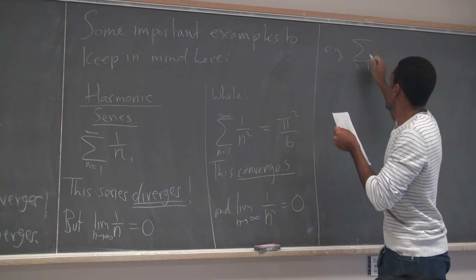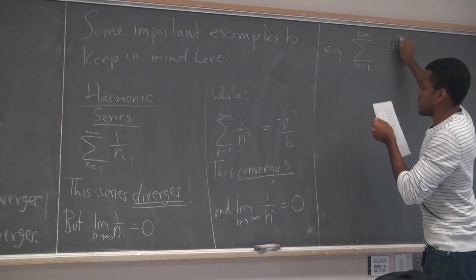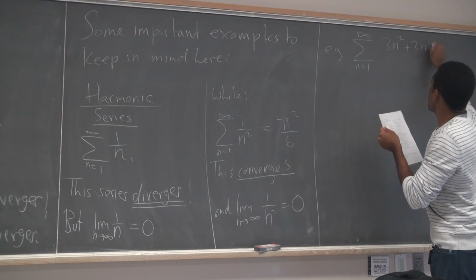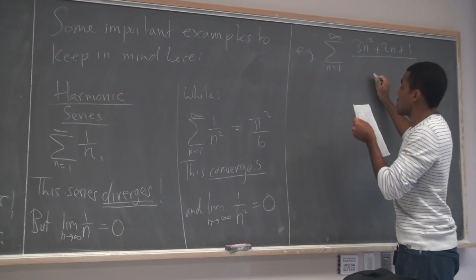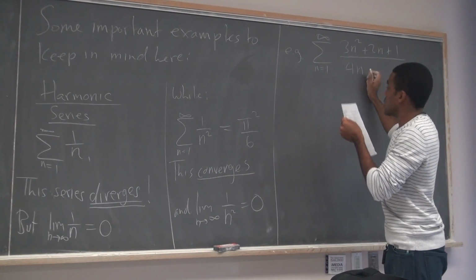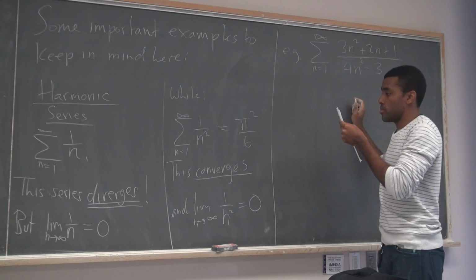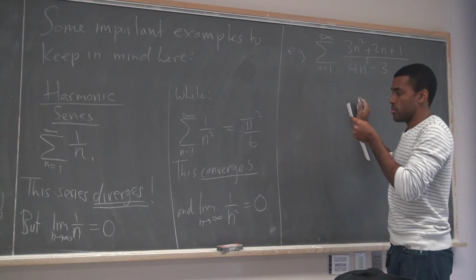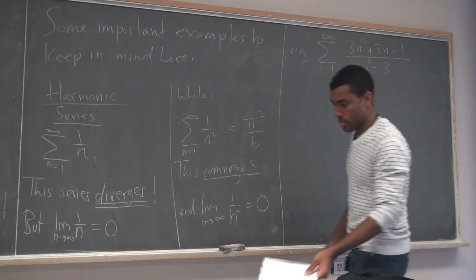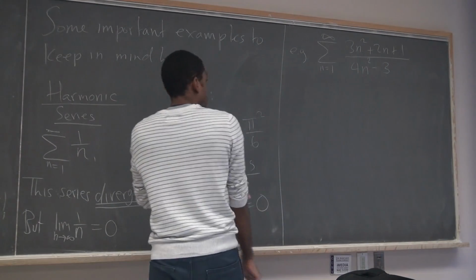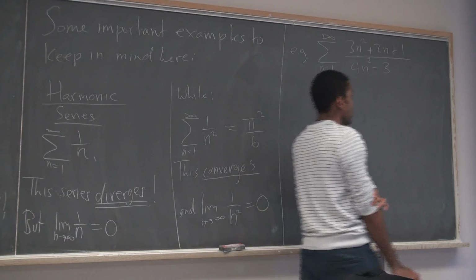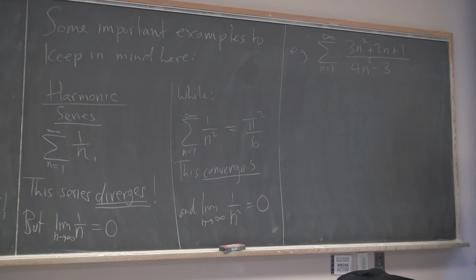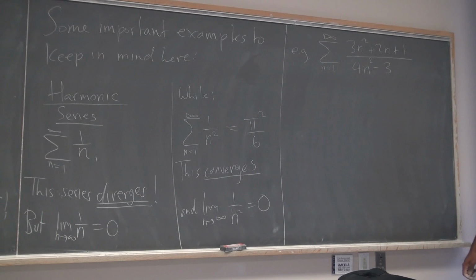The sum as n goes from 1 to infinity of 3n squared plus 2n plus 1 over 4n squared minus 3. So you see that, what do you think?